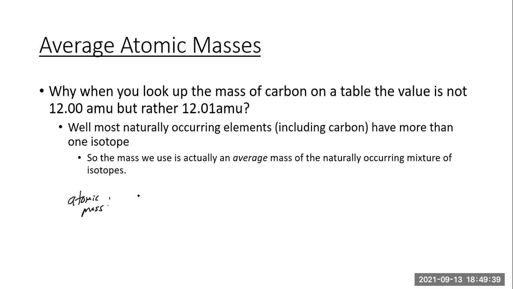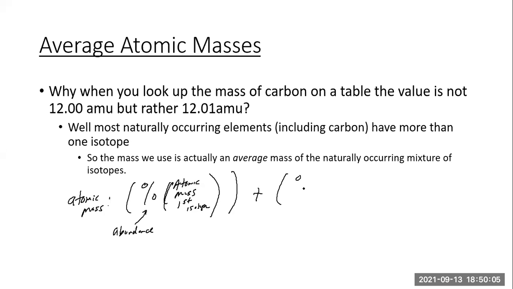We basically take the percent, which is sometimes referred to as the percent abundance or relative abundance, times the atomic mass of the first isotope. And then we add it to the percentage times the atomic mass of the next isotope.